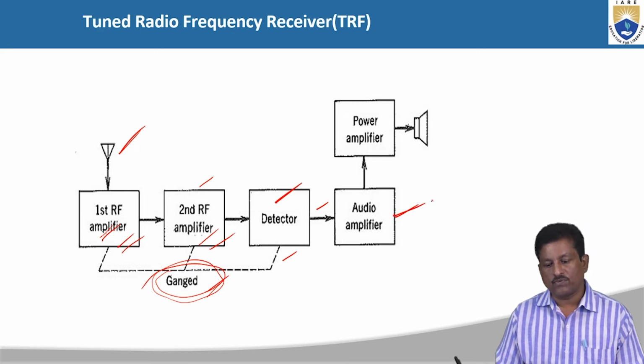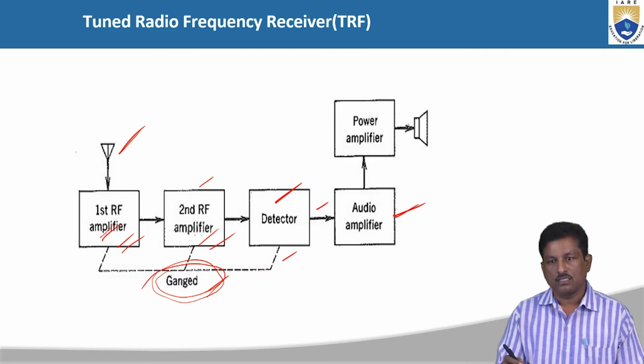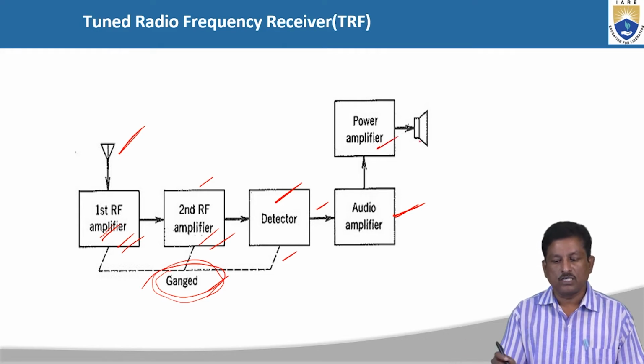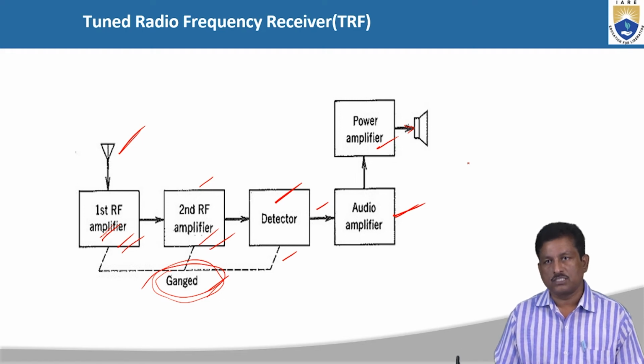Once we have the amplification of the audio frequency range signal by the audio frequency amplifier, then we use the power amplifier, where we increase the power of the signal. Finally the power amplifier output goes to the speaker, which can produce the sound signal.